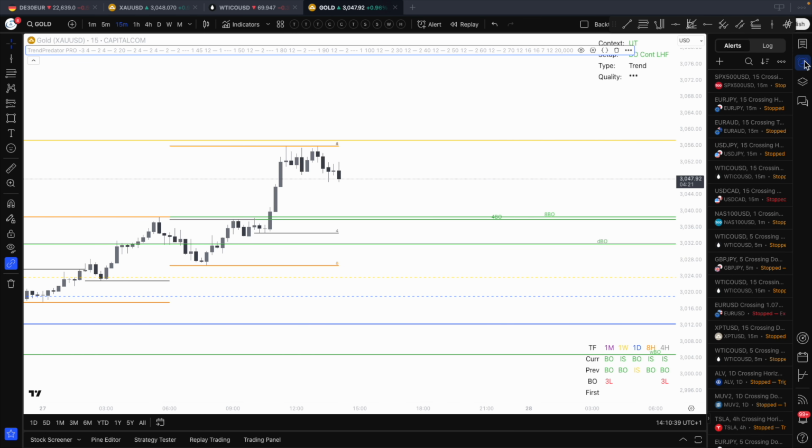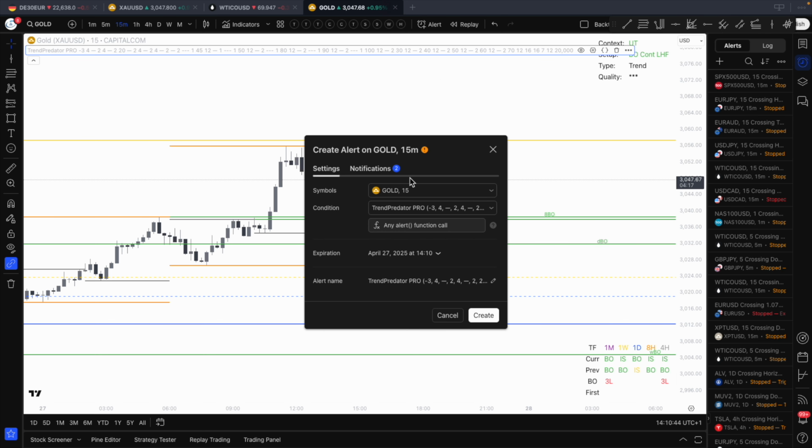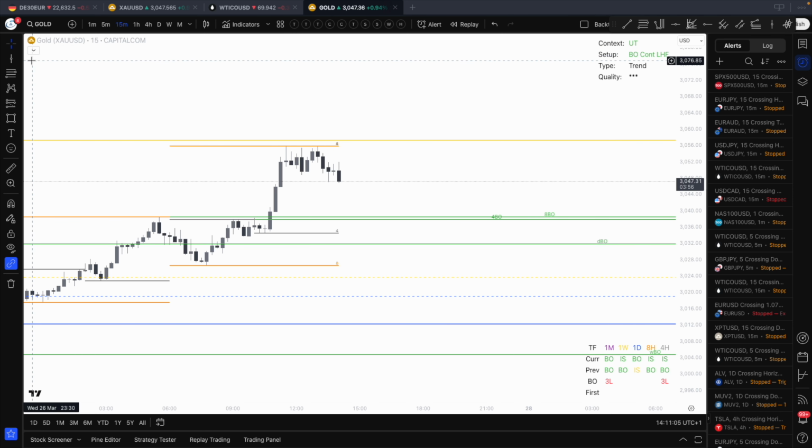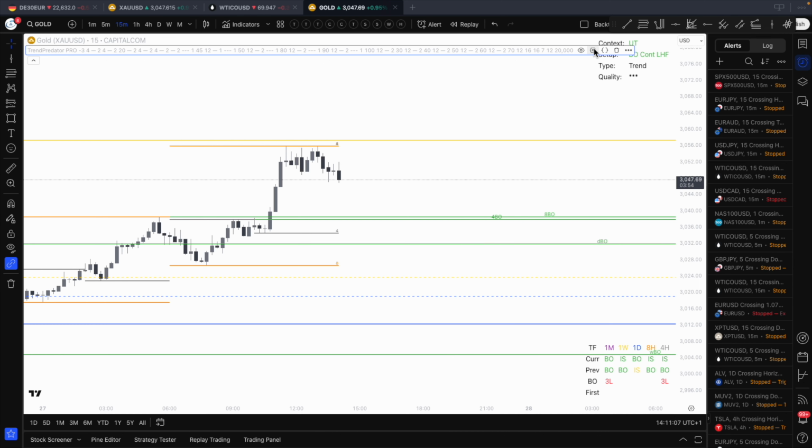This is done, I think, somewhere here. Exactly. So you have to open this one here and activate it for TrendPredator, for a symbol or for a watch list, the overall possibility to even send you alerts. And if you create that, then the indicator itself is allowed to send you these alerts.